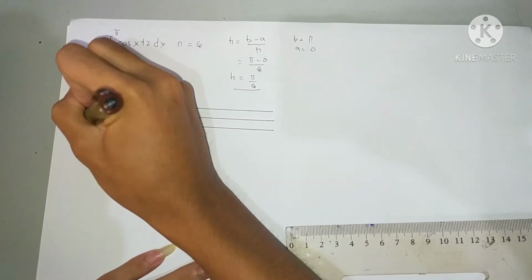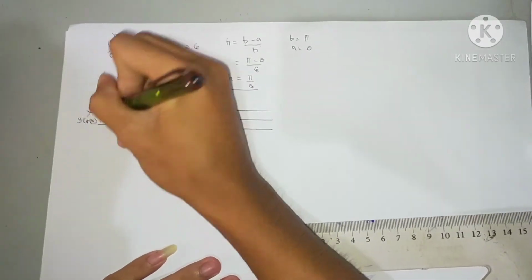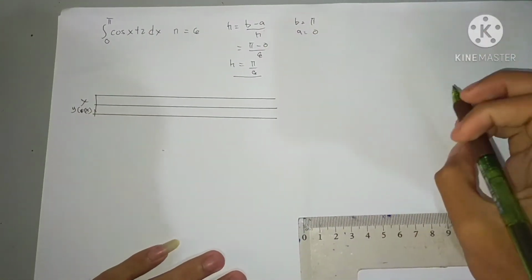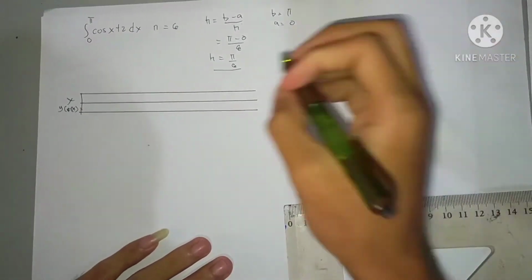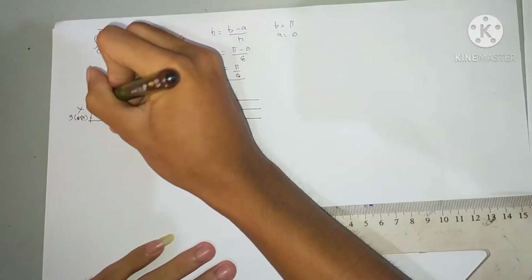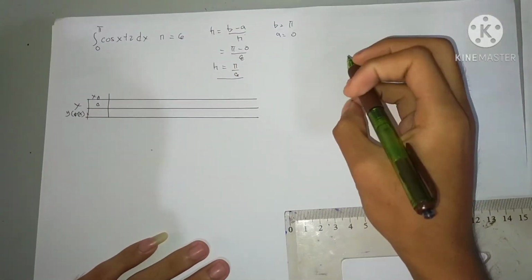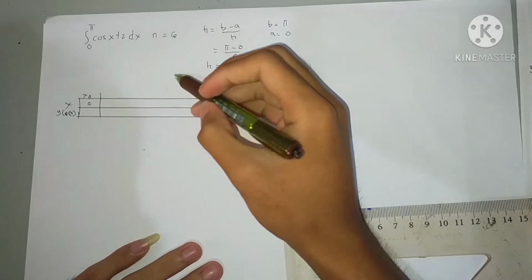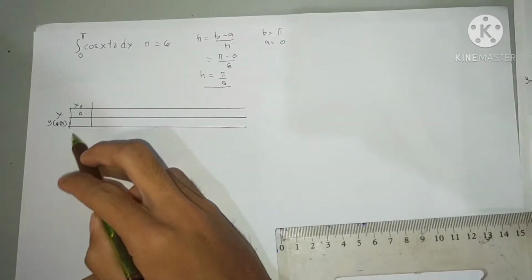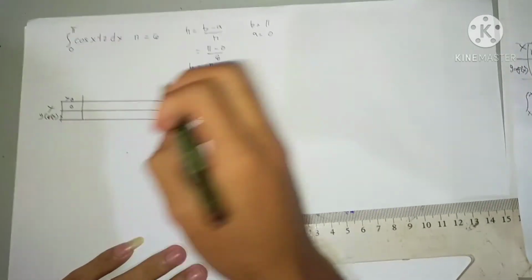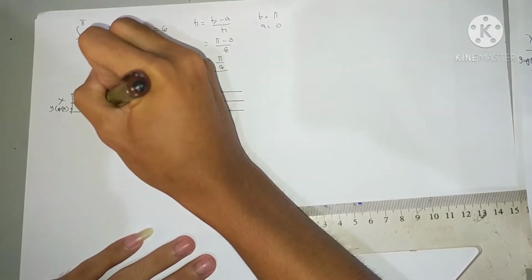This is the y, or f of x. Our x sub 0 is here. So we have 0. To get the next term, we need to add our value of h to our first term. 0 plus pi over 6 is pi all over 6.